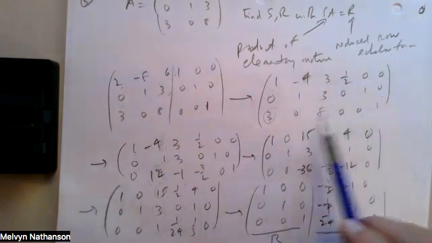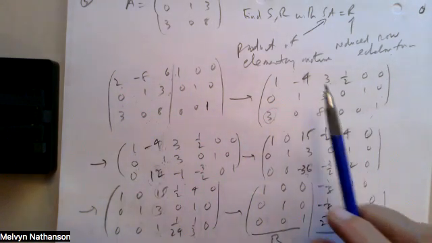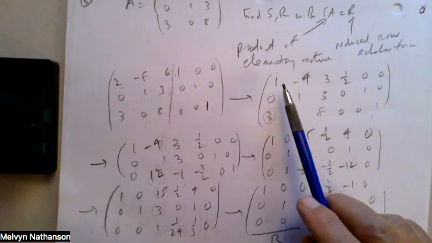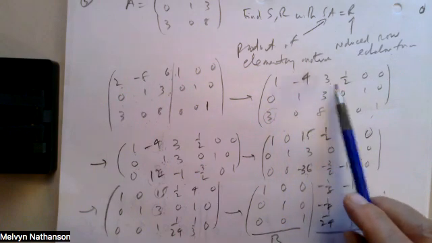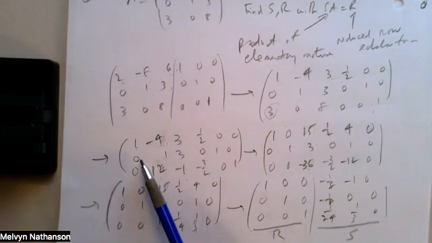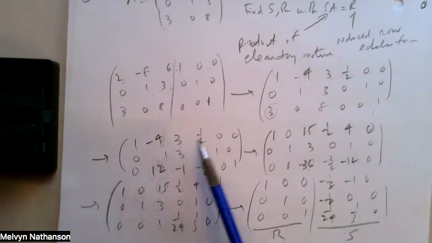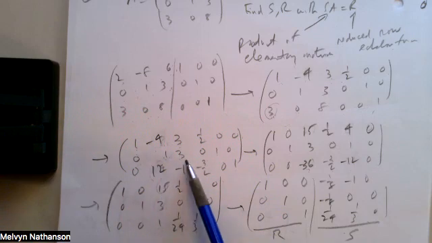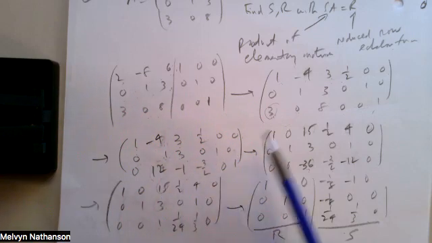The second row and the third row haven't changed. But I divide the first row by 2, get 1, minus 3... and I want to get a 0 here. Let me make sure I haven't made a copying mistake.